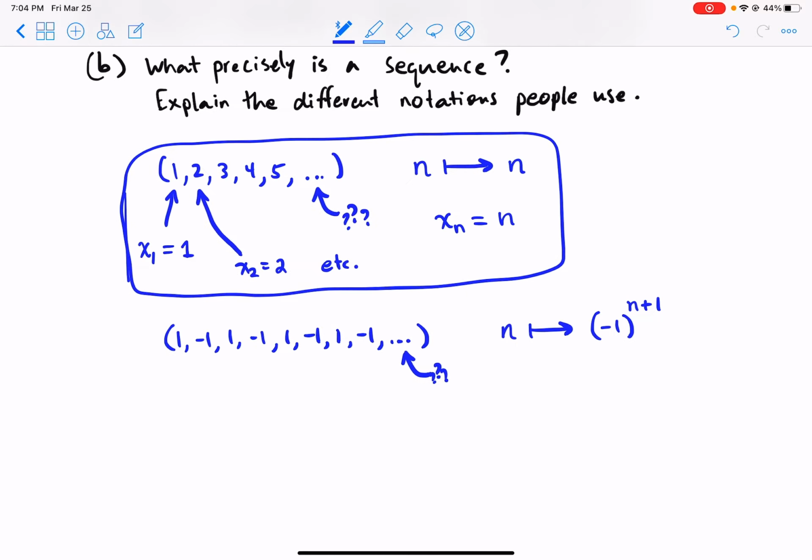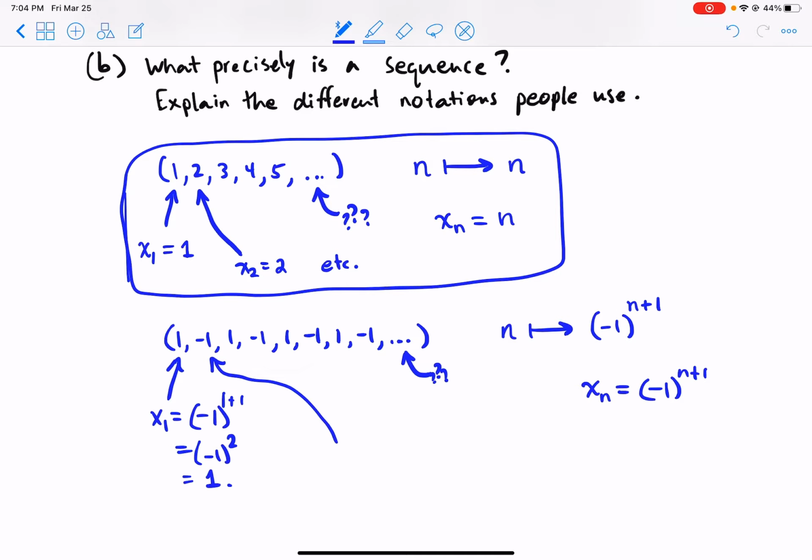Another way to say that is x sub n is -1 to the n plus 1. For example, here's x sub 1. It's equal to -1 to the 1 plus 1, which is -1 squared, which is 1, as it is.